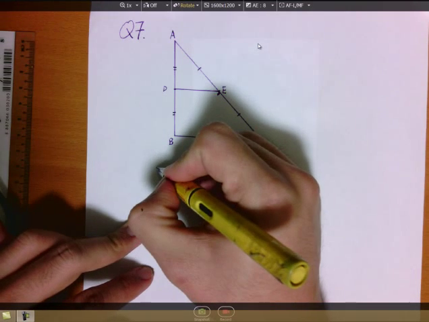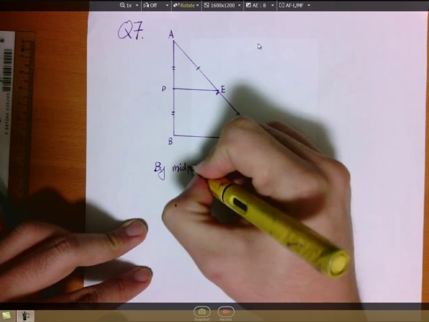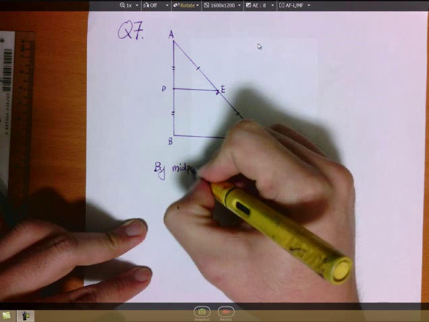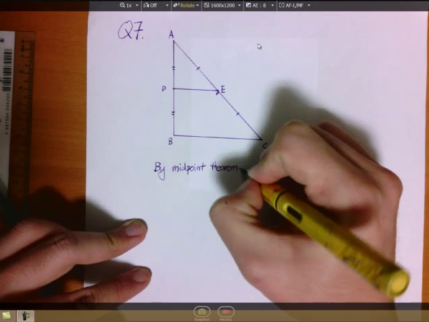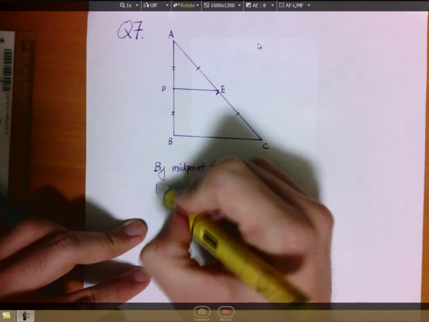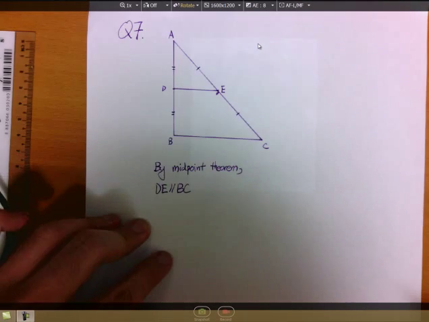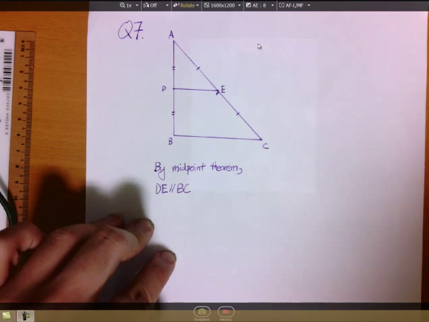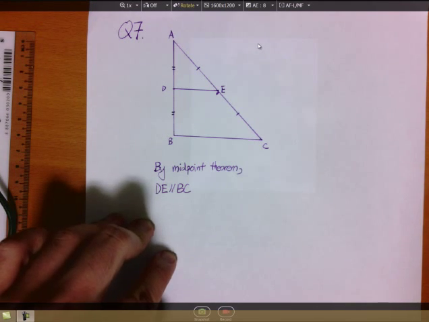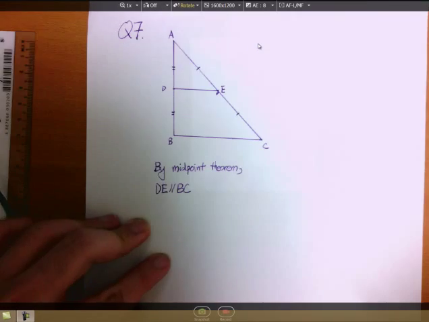So immediately I can say that by midpoint theorem, DE is parallel to BC, because D is the midpoint of AB and E is the midpoint of AC. So straight away I can just quote that DE is parallel to BC.